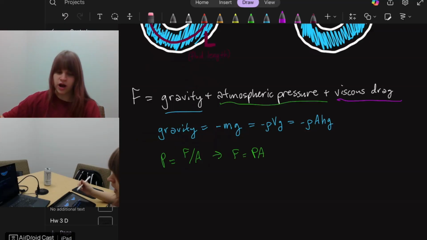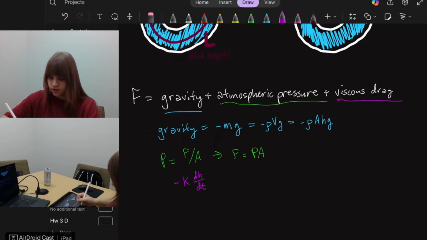For the viscous drag, this is the more complicated one, so we are going to call this a negative K times dH/dt, where the K is some resistance value.